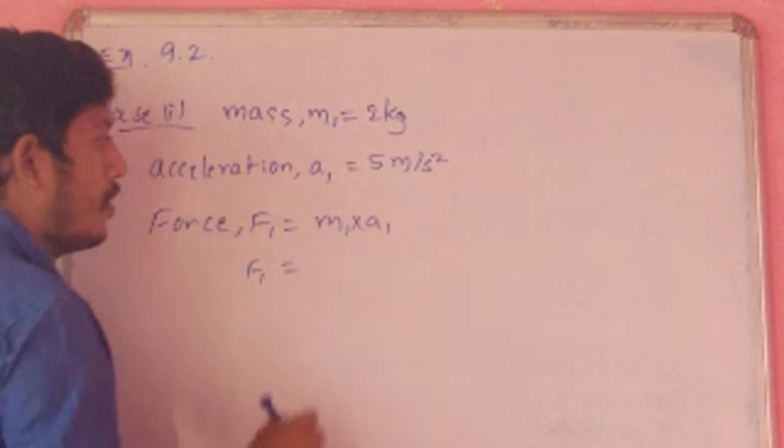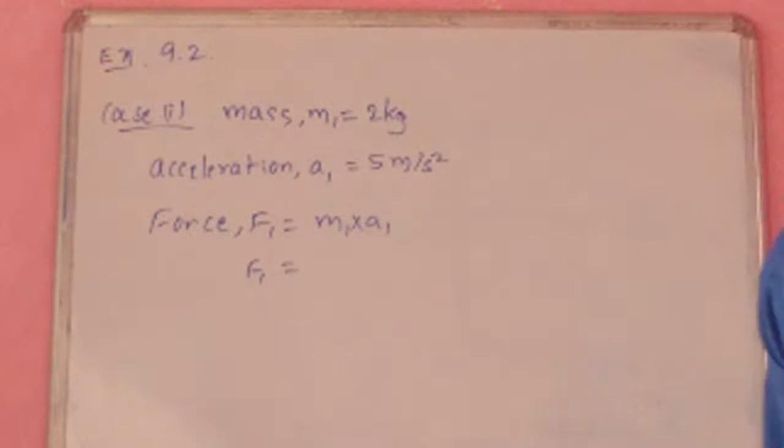Comment me what is the value of force in the first case. Just substitute the values. The value of m is 2 kg and the value of a is 5 meter per second square. 10 Newton is the answer.